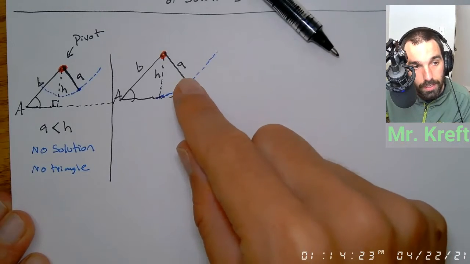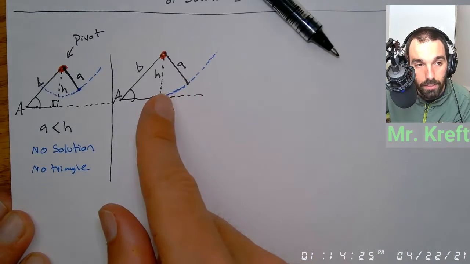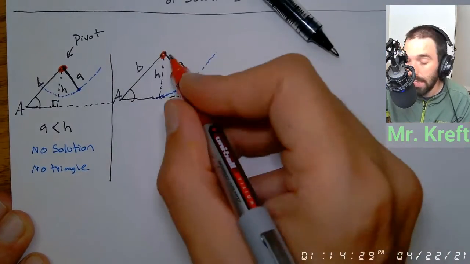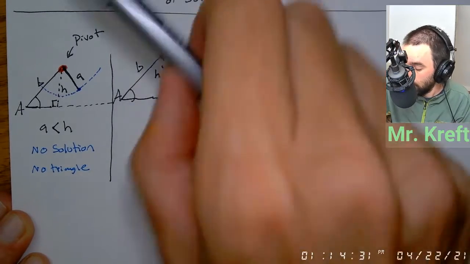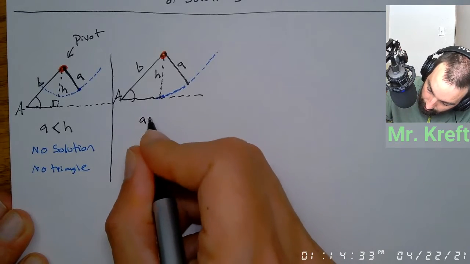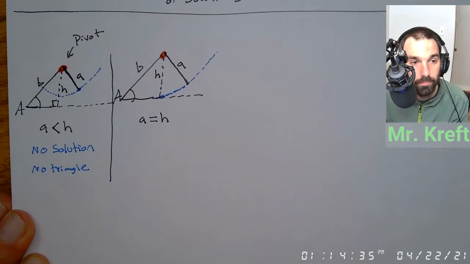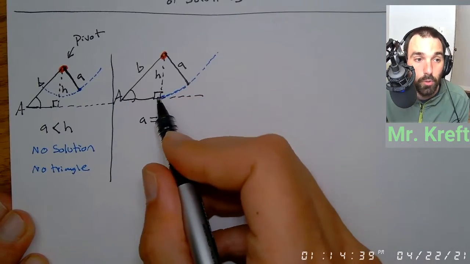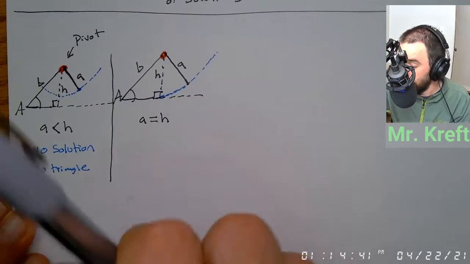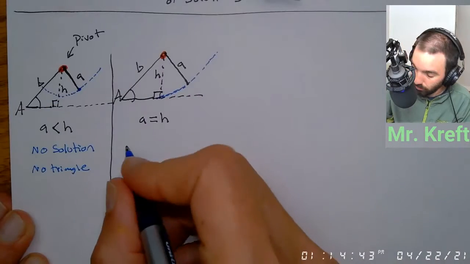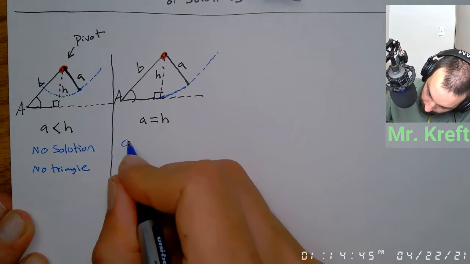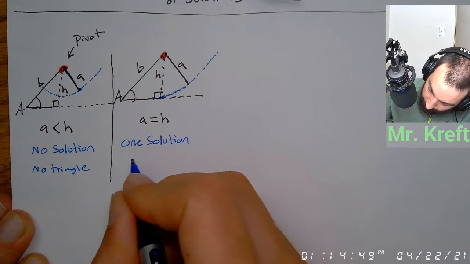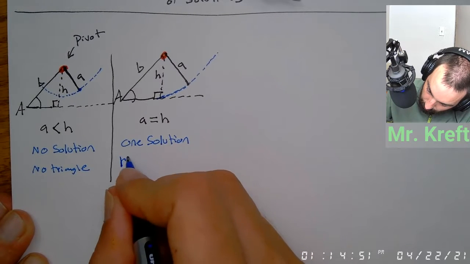Then we can see that if this side A swings down right here, we're going to have exactly one triangle, because A equals H. If A equals H, then we're going to have a right triangle. So this would be called one solution, and it is a right triangle.